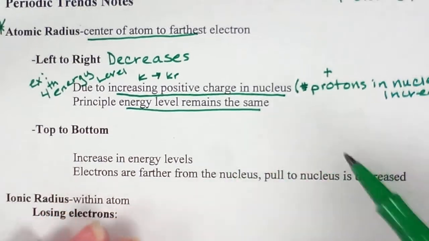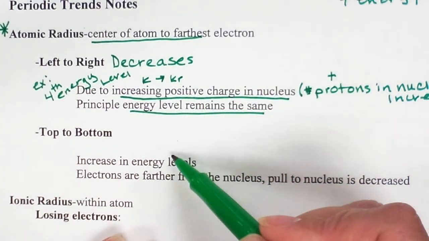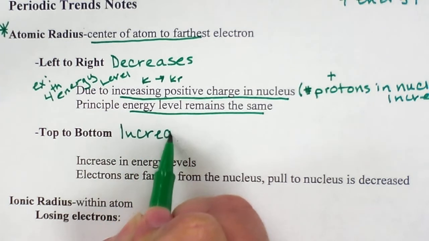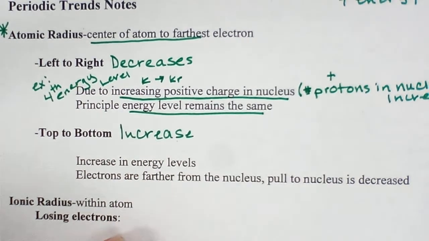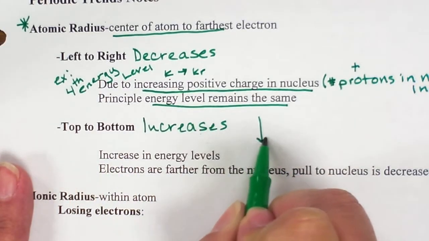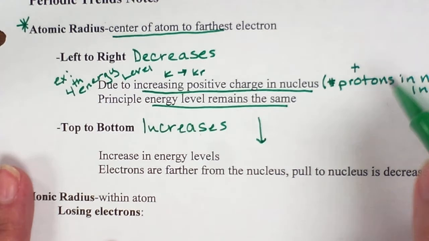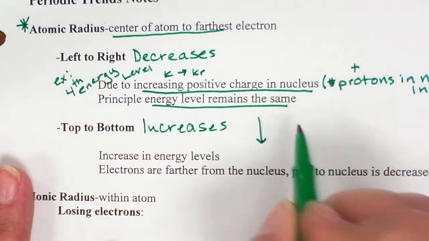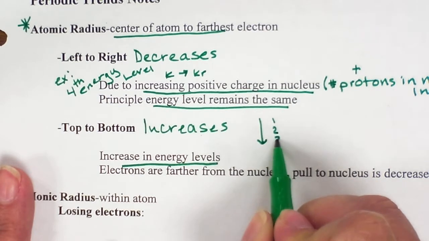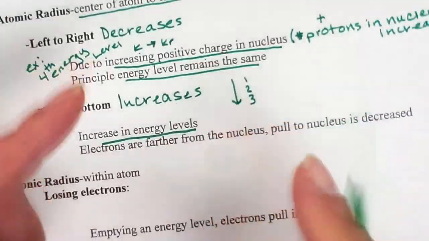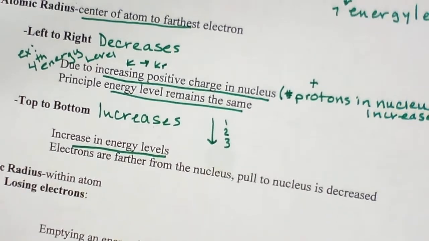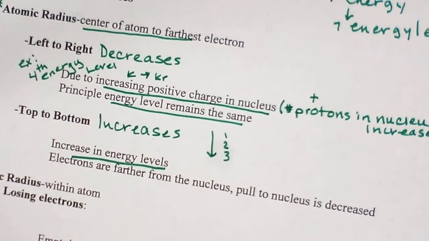But then from top to bottom, we are increasing the size of the elements. And the reason that's happening is because every time we go down the periodic table, we're adding an energy level. So from 1 to 2 to 3, we're adding an energy level, and that is causing the size of the element to increase every time you go down.